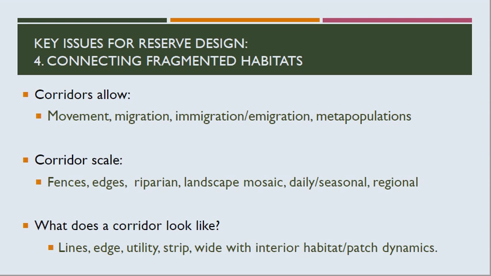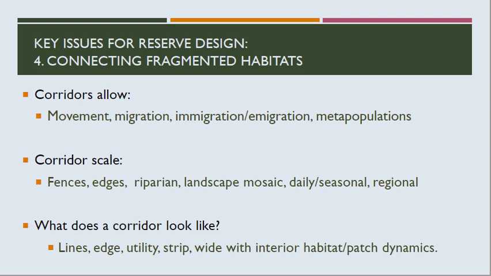So corridors can be planted or created or left even along linear landscape features, whether they be natural like rivers or ridges or depressions, or whether they be artificial like fences and roads and so on.